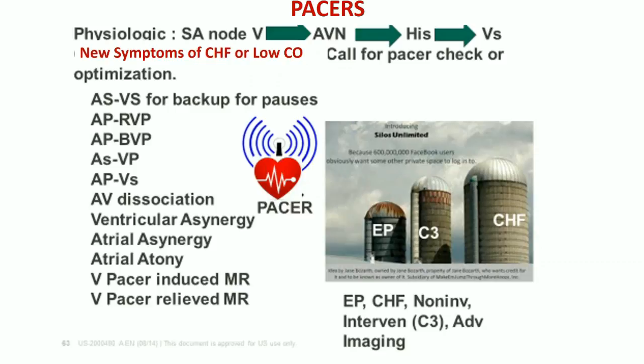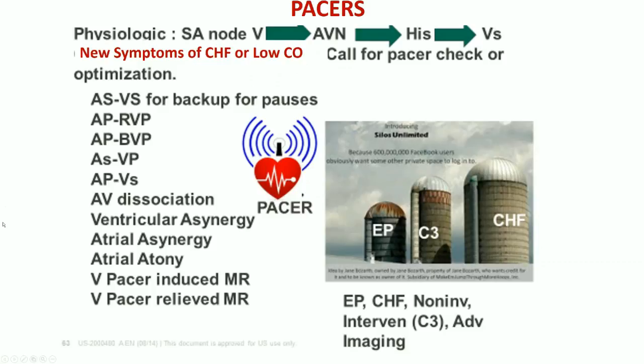Sometimes it's in a vein that goes down by the diagonal vessel, sometimes in the posterior lateral vein where it belongs, but that's still not physiologic because it's not coming down the septum like normal. So that's the substitution for physiologic for somebody who can't maintain the physiologic type depolarization of the SA node, AV node, His bundle, and the ventricles, both left bundle and right bundle.